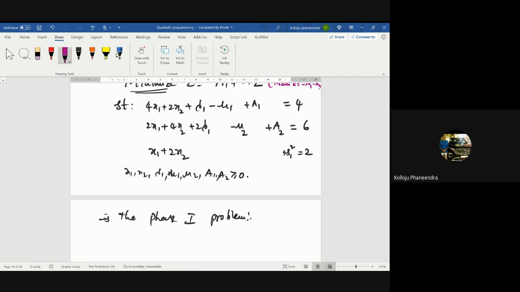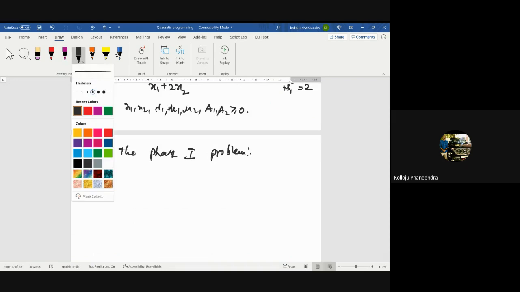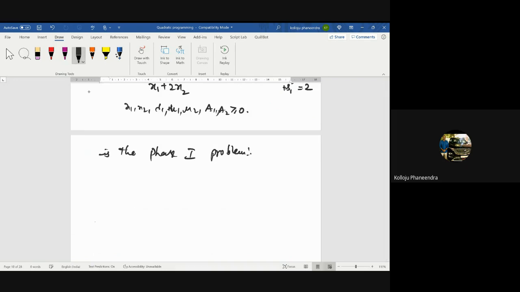Now, solving phase 1. I think you know how to solve this problem. Now I'm giving the simplex table. First, the cost vector of the basic variables. Next, the column for basic variables. Next, the basic solution, known as xB.